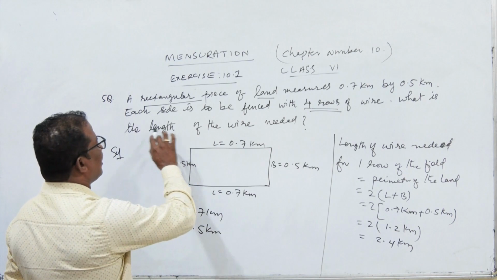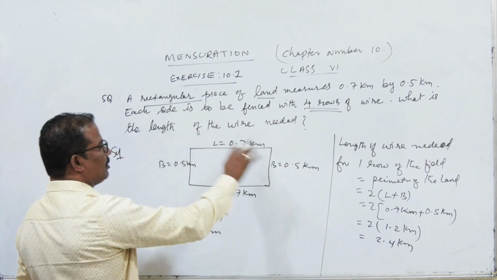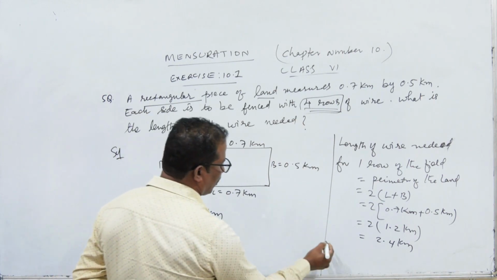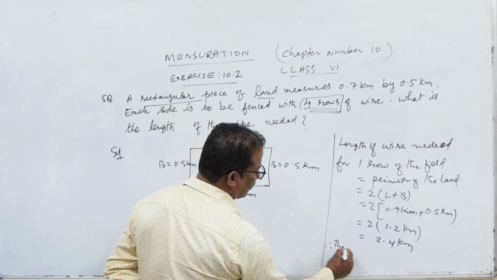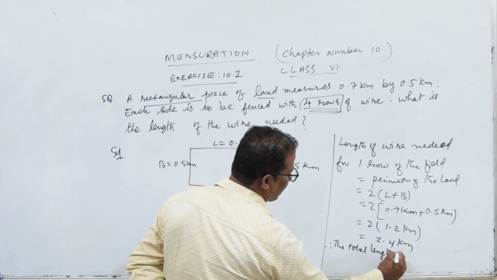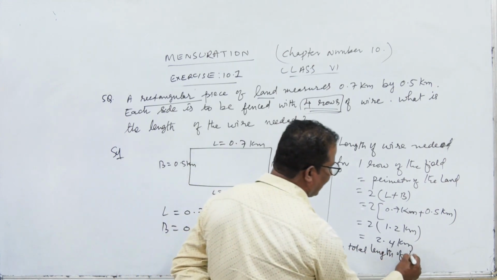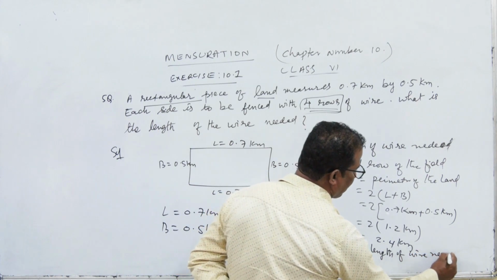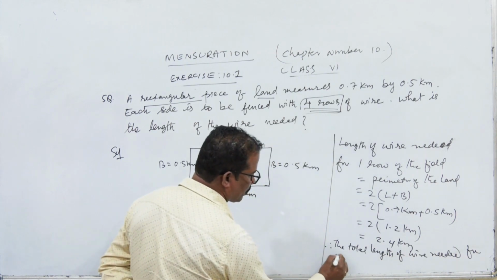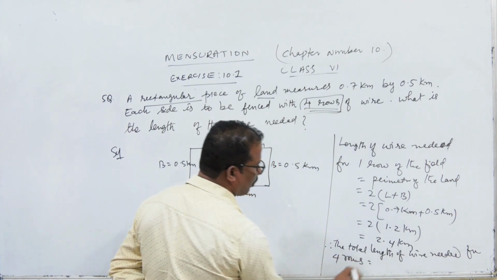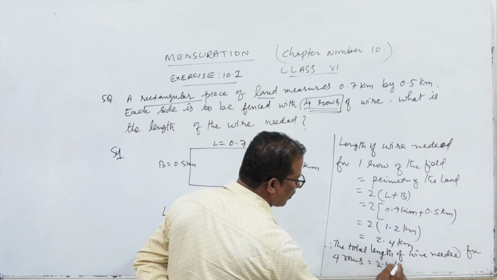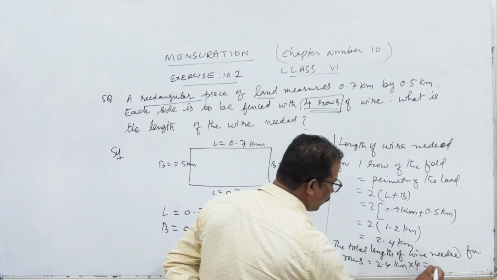So like that, the total fencing is required for how many rows? 4 rows. So therefore, the total length of wire needed for 4 rows is equal to this 2.4 kilometer into 4 times.